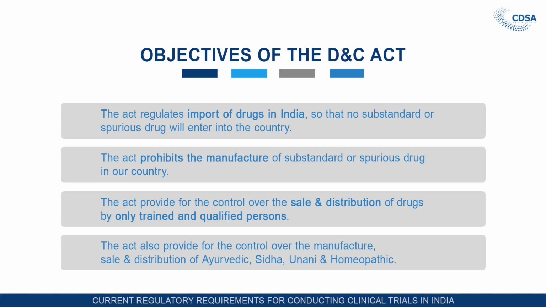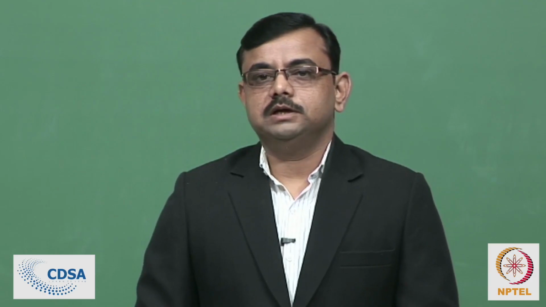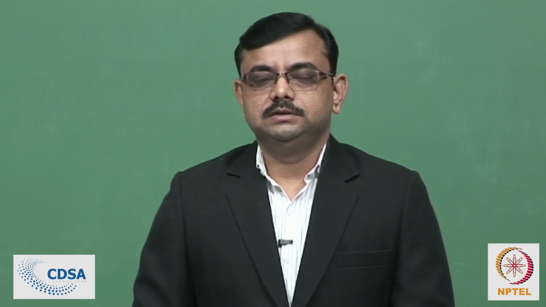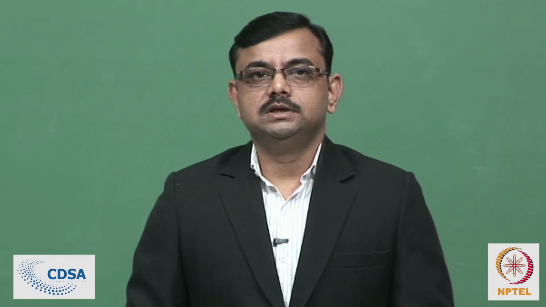The person who is selling or distributing the drug is required to have a qualification in pharmacy. The facility provided for sale and storage of the drug should be adequate and as per the norms of the Drug and Cosmetic Act. With qualified pharmacists and proper storage facility, only then can we ensure that the correct drug is reaching the patient.